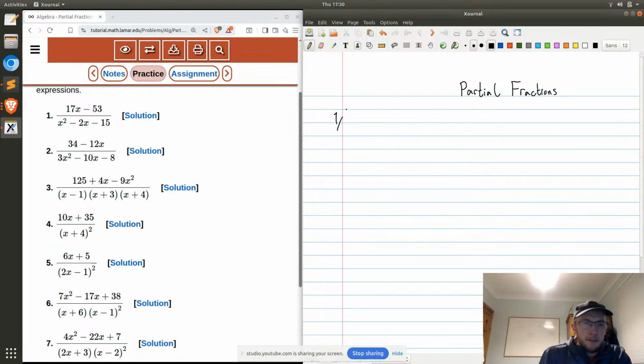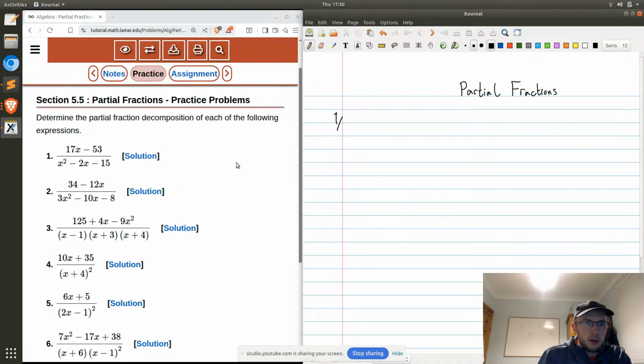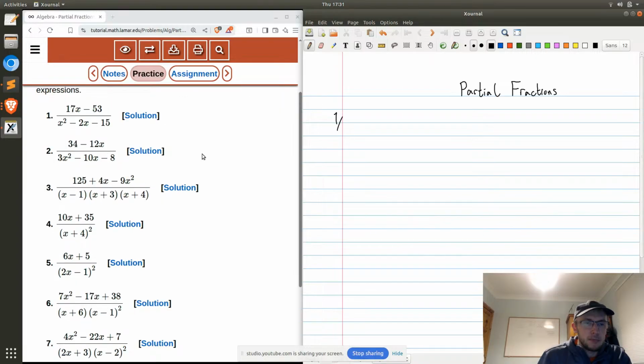Problem 1. Okay, so I'm to determine the partial fraction decomposition of this. So I factorize the denominator to obtain x minus 5 times x plus 3.